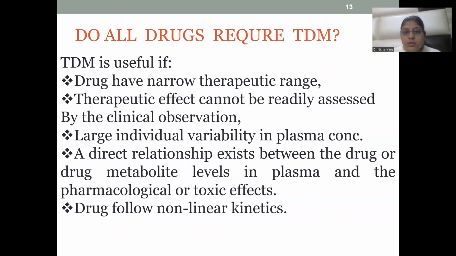Now, do all drugs require therapeutic drug monitoring? Therapeutic drug monitoring is needed if the drug has a narrow therapeutic range, and the therapeutic effect cannot be easily assessed by clinical observation. Large individual variability in plasma concentration is there. A direct relationship exists between the drug or drug metabolite levels in plasma and the pharmacological or toxic effects.